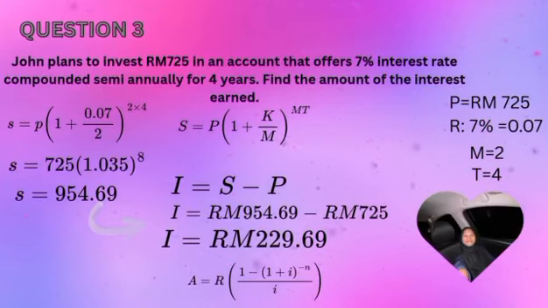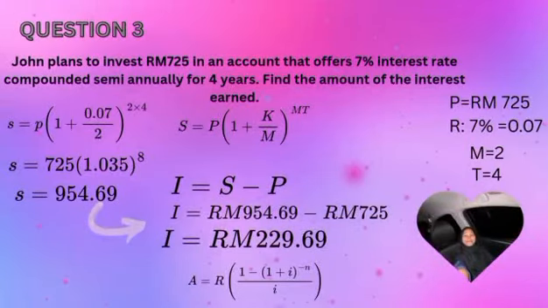So we use S equals P (1 plus K divided by M) to the power of MT. And then we put the right number into each place.